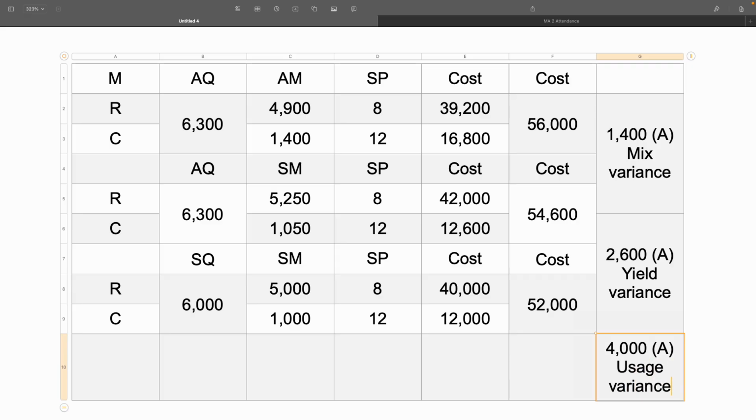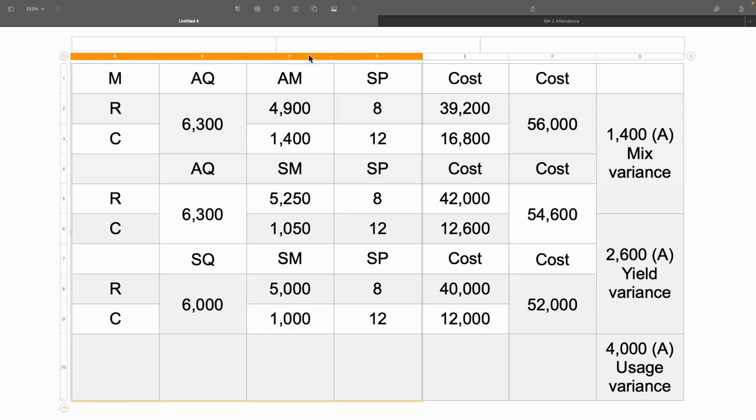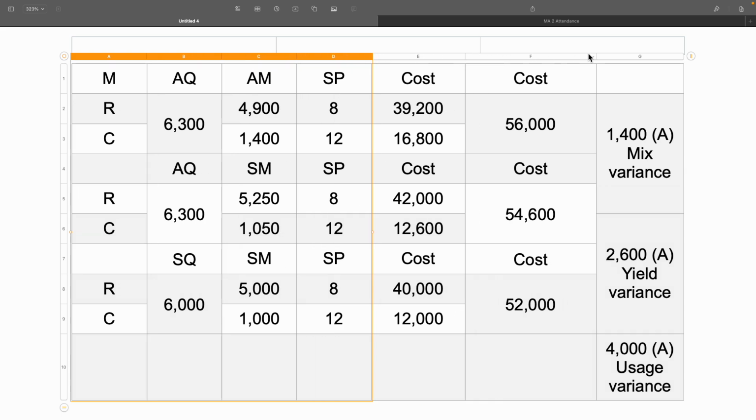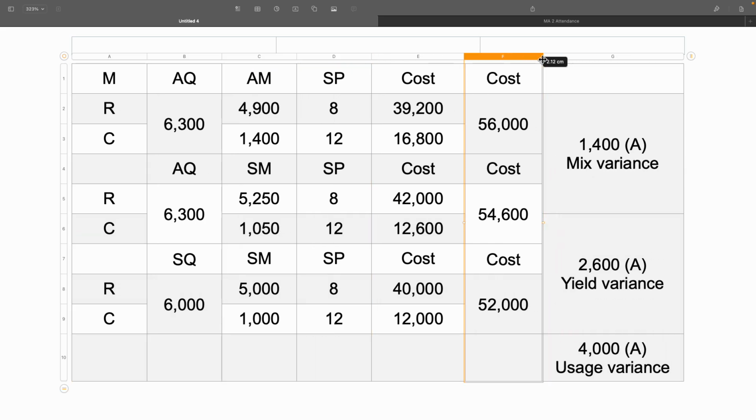Okay, are we okay on the total there being the usage variance? Okay, that kind of covers this idea that you had, okay? So therefore, you should be able to figure out what's going on. Okay, that covers the main variance that I needed to cover for mix and yield.